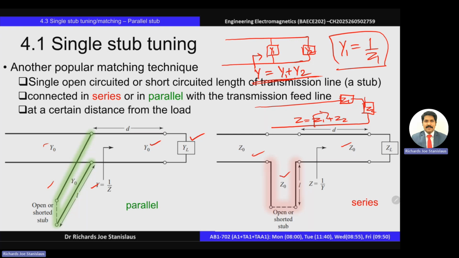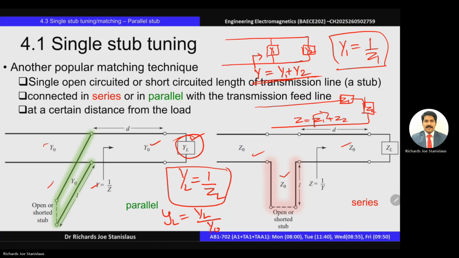So again, we have a load of a particular impedance that is not matched. We will find the admittance using this expression: the inverse of impedance is admittance. We'll normalize it using this expression, YL by Y0, and we would obtain this point in the Smith chart.